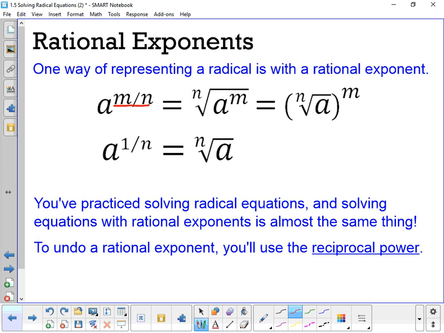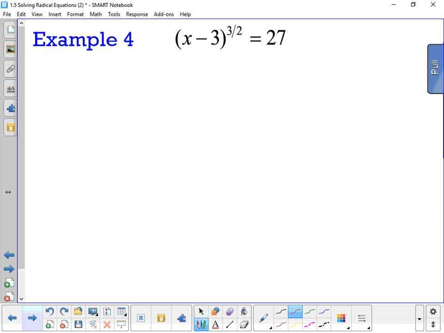So the reason that this is in our unit with radicals is because it could be written as a radical. In this case, the x minus 3 would be under a square root raised to the third power like this, and then that would be equal to 27.